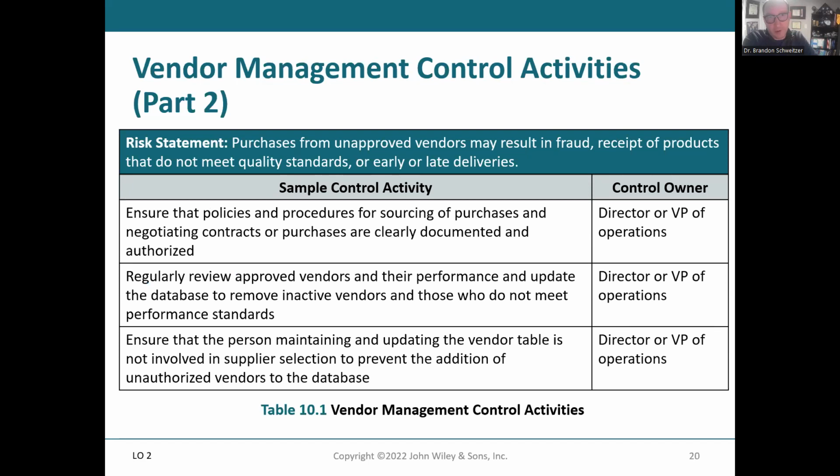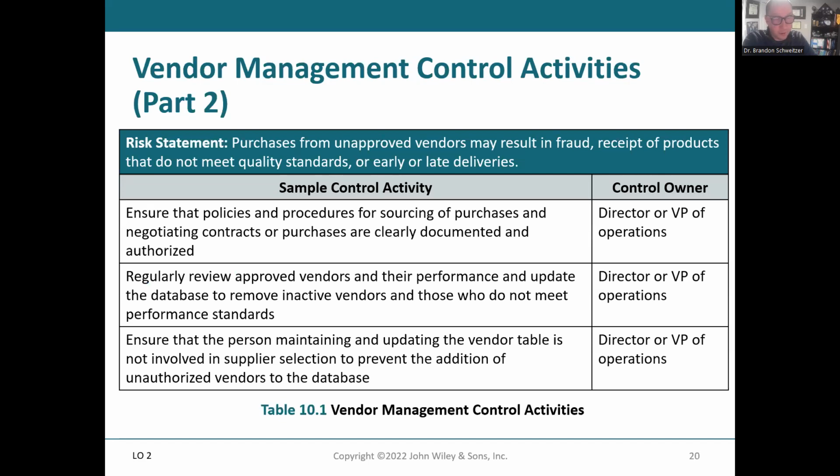More risk involved here. The purchases from unapproved vendors may result in fraudulent activities, receipt of products that don't seem to meet standards, or early or late deliveries. Very important that you vet your vendors appropriately and make sure that only authorized vendors are included in your accounting information system.